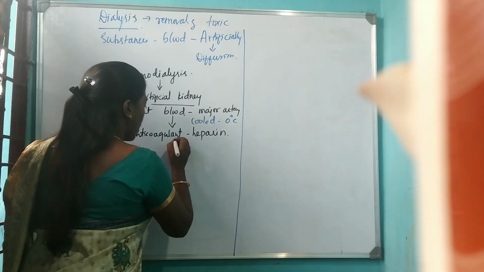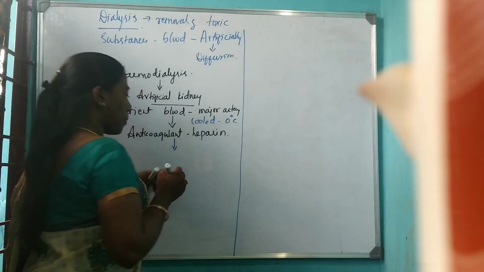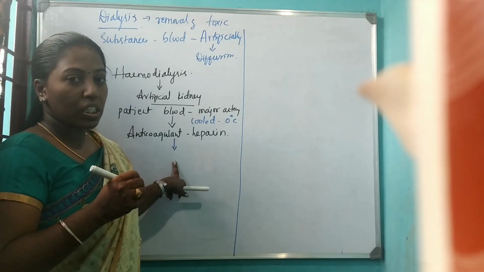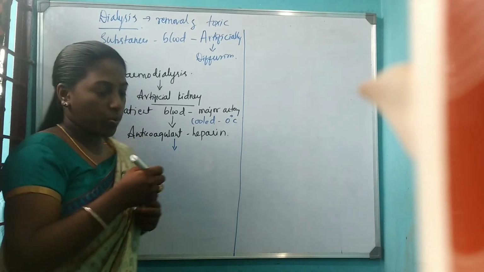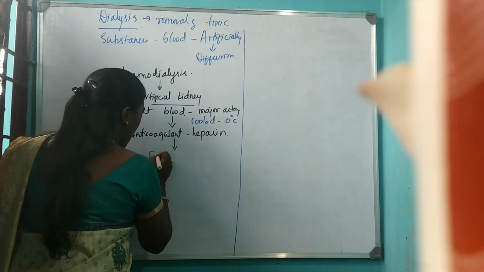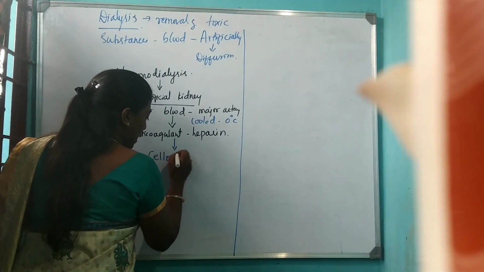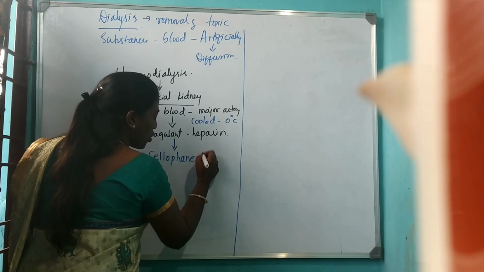The next step is that this blood is passed to the artificial kidney, which contains many cellophane tubes.